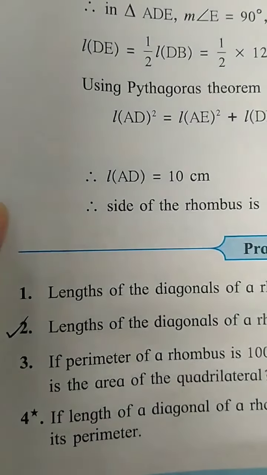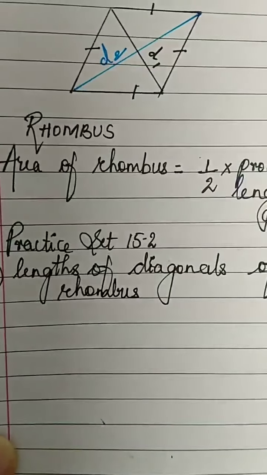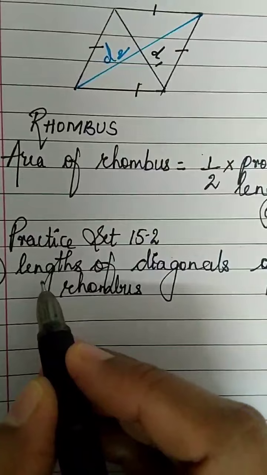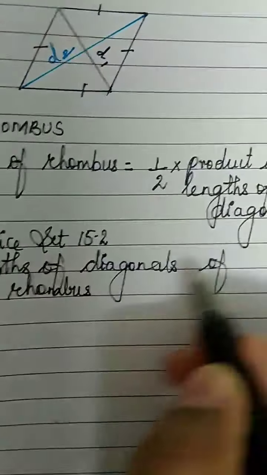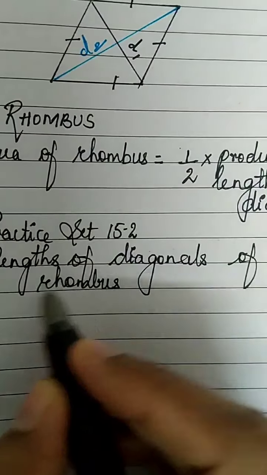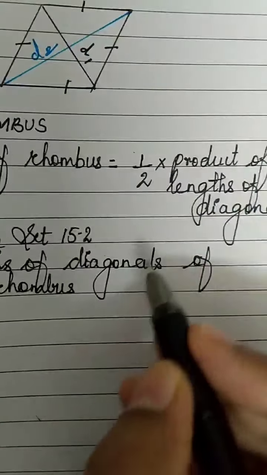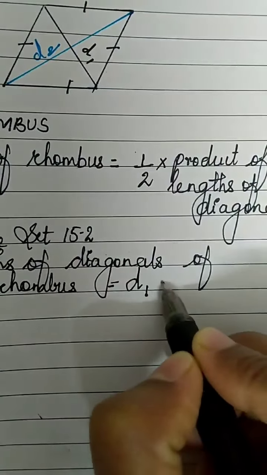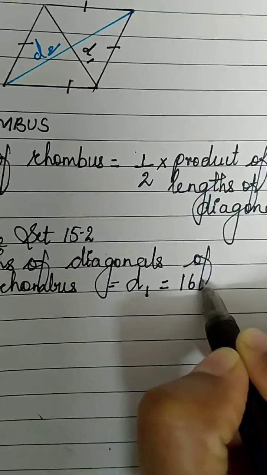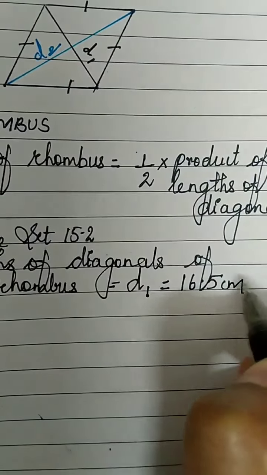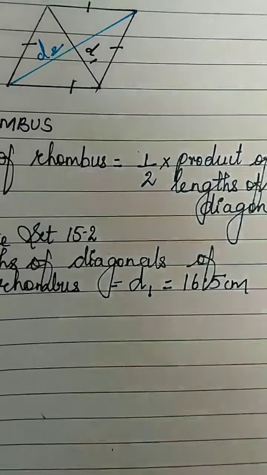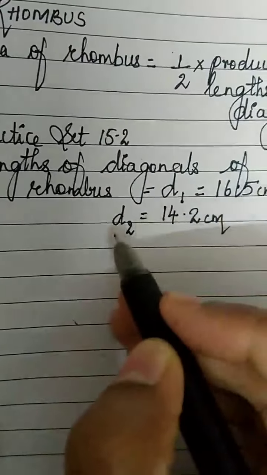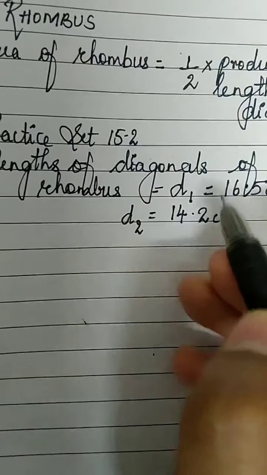As I told you, in the first step, you have to specify what type of quadrilateral it is. So I have written lengths of diagonals of rhombus. This is a rhombus and the diagonals' lengths are given. First diagonal, we'll take it as D1, 16.5 centimeter, and D2 14.2 centimeter.